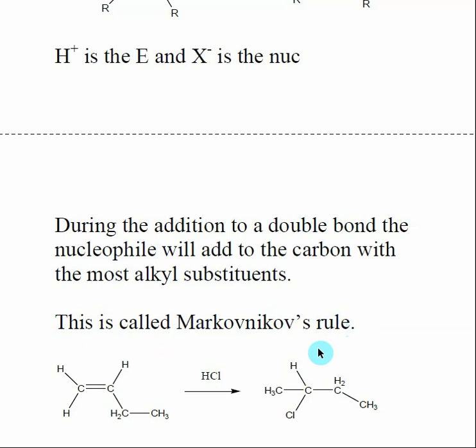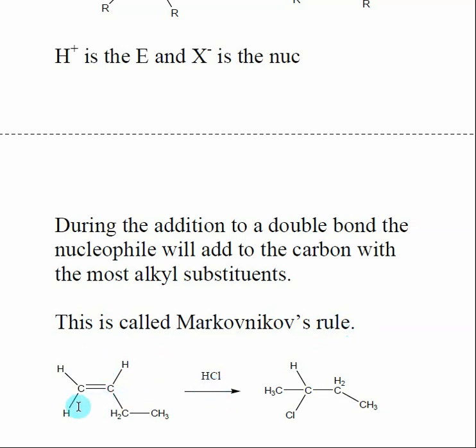So when I give you this reaction, I have my double bond, and I react it with HCl. In terms of going from reactants to products, I break the double bond. So there's two bonds in here, the sigma bond, the first bond, and the pi bond, the second bond. I break the pi bond, I form two single bonds from it. And then the question goes, well, what goes on those two single bonds? An H and a Cl.